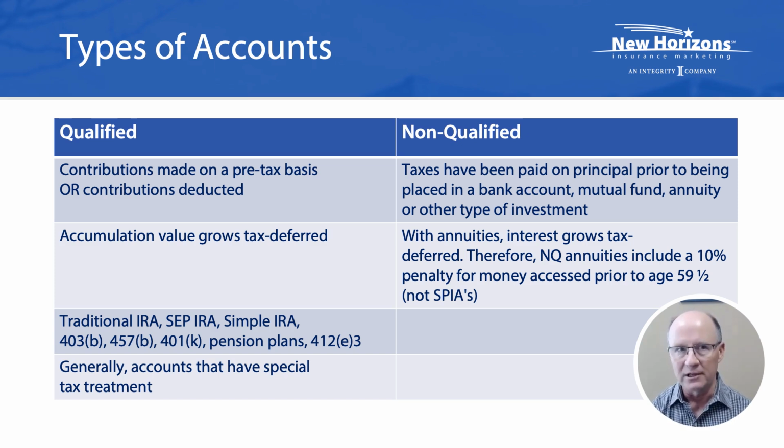Just a bulletin there. If you look at the second column on non-qualified, if a person accesses those monies in an annuity before age 59 and a half, not counting a SPIA, then they can have a 10% penalty on some of that money.